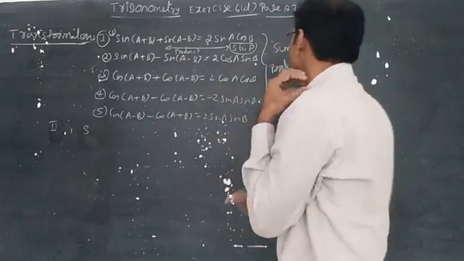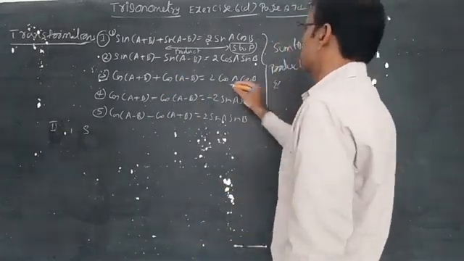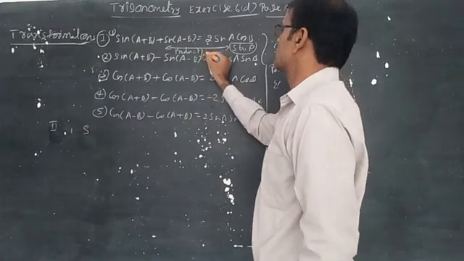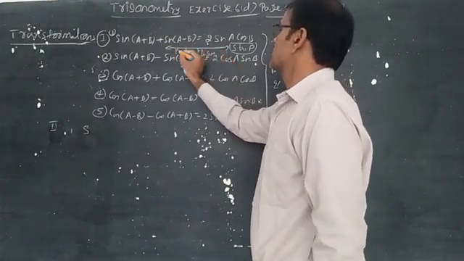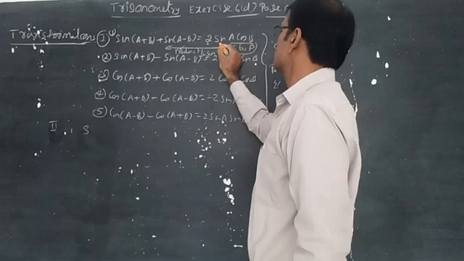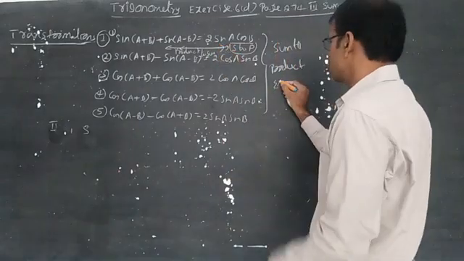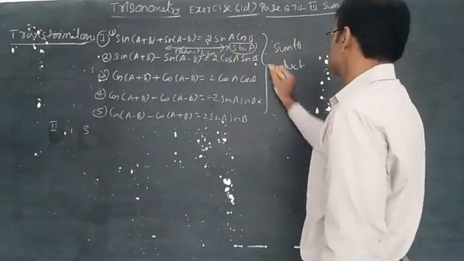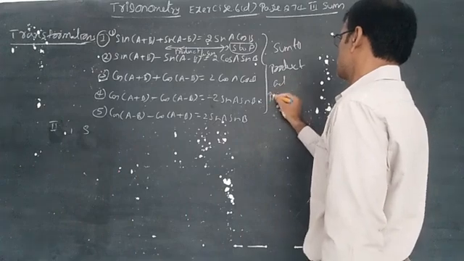It is called product to sum. This side arrow mark is product to sum, and this side arrow mark is sum to product.